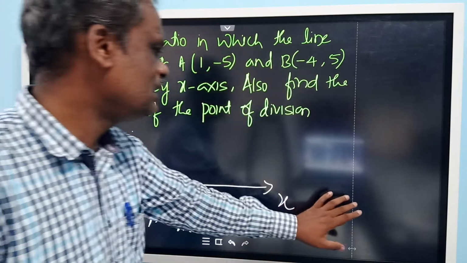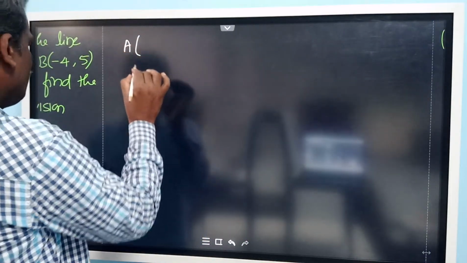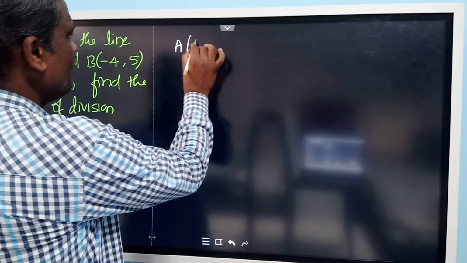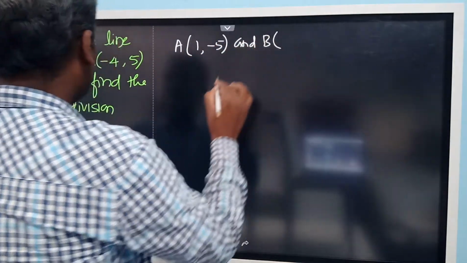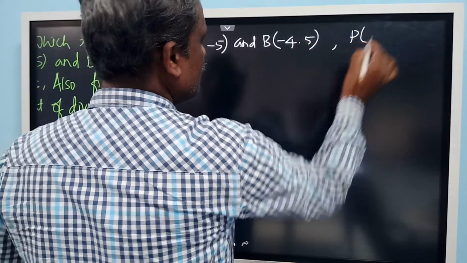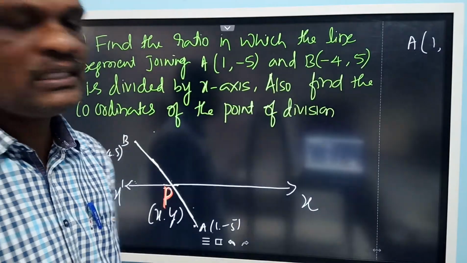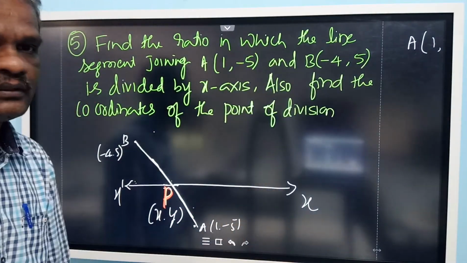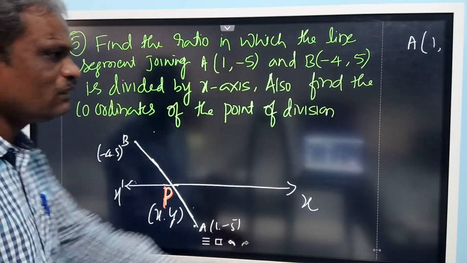See, point A is (1, -5) and B is (-4, 5), and P is a point on the x-axis. What will be the general form? If a point lies on the x-axis, the general form of any point is (x, 0), since the y value is 0.